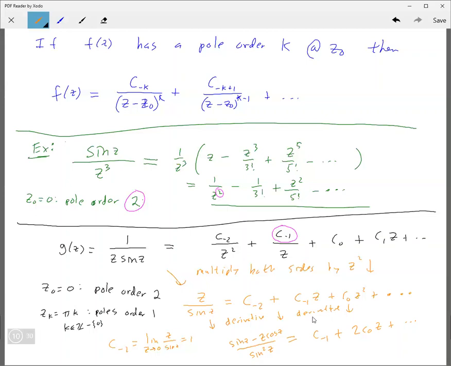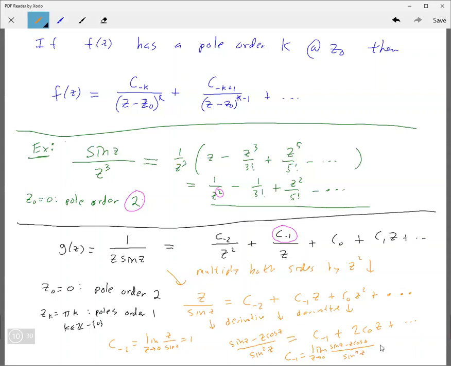That's telling you, oh dang, we ran out of space. That's telling you that c negative 1 is equal to the limit as z goes to 0 of sine z minus z cosine z over sine squared z.